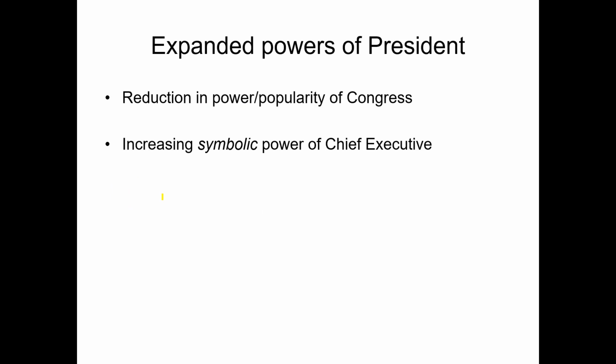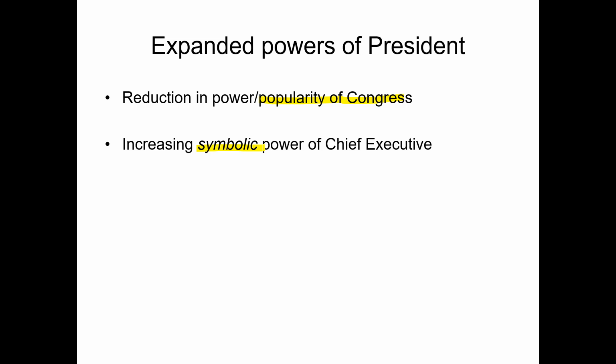The reduction in the power of Congress, we've already talked about that. The reduction in the popularity of Congress literally gives the president a little bit more opportunity to increase his power. And because the president is the only person selected by the entire United States, it gets considerably more attention during the elections than any other office.